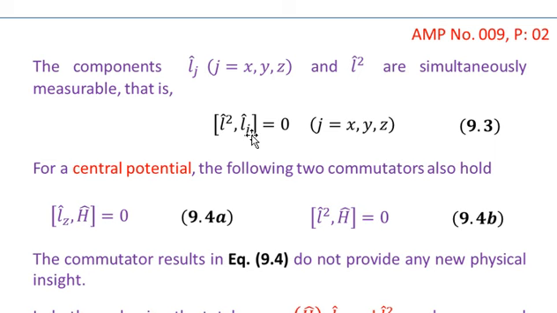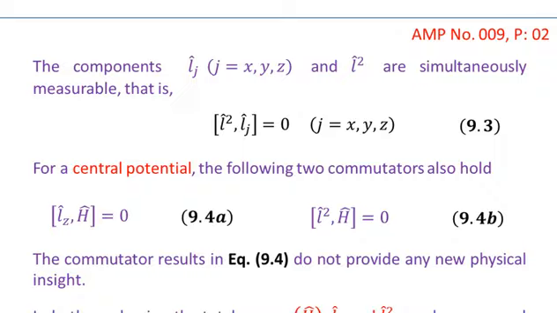You know that the L plus operator is represented by Lx plus iota times Ly. So the raising and the lowering operator both involve Lx and Ly, and with each individual Lx, Ly and Lz operator, the commutator with L square is equal to 0.